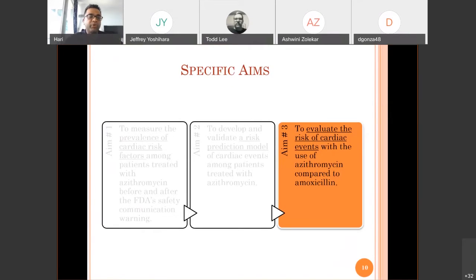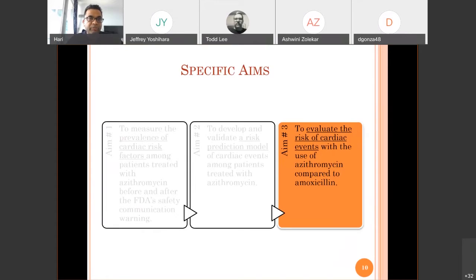So I'm not going to go through all of my specific aims, but what I'm going to focus on is the third aim. But just to give you a little bit of background on specific aims number 1 and 2. The first one was looking at the change in the prevalence of cardiac risk factors among patients who received azithromycin before and after the FDA's warning.